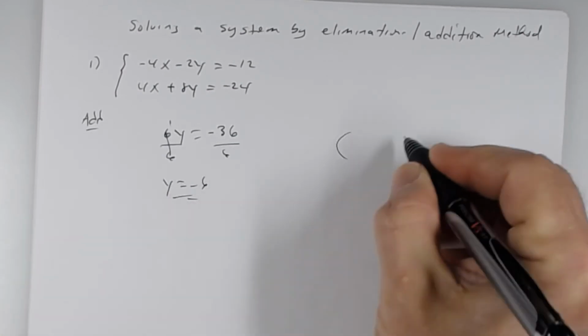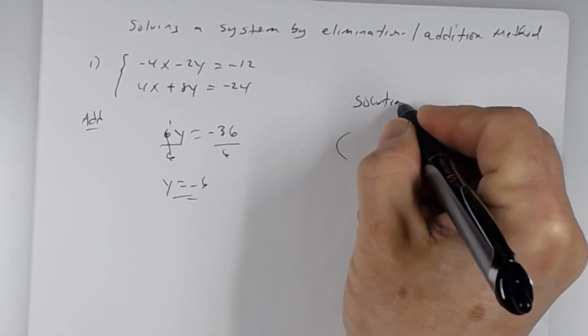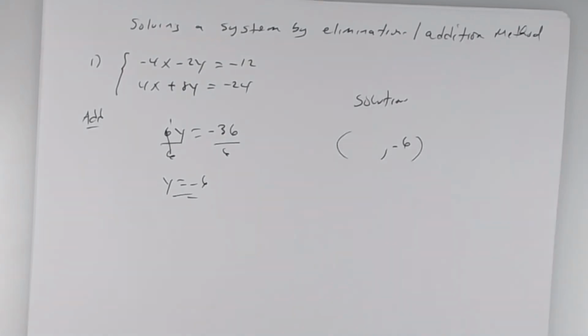So in terms of my solution, I just found the y coordinate. All you've got to do now is find the x coordinate. To find the x coordinate, you go back to one of those equations, no matter which one, and wherever you see the variable y, what do you substitute? -6.